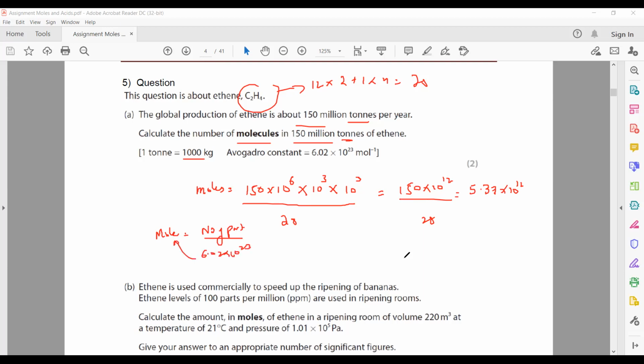So the number of molecules is moles, 5.37 times 10 to the power 12, multiplied by Avogadro's number, 6.02 times 10 to the power 23. We get the total number of molecules of ethene, which comes out as 3.2 times 10 to the power 36.